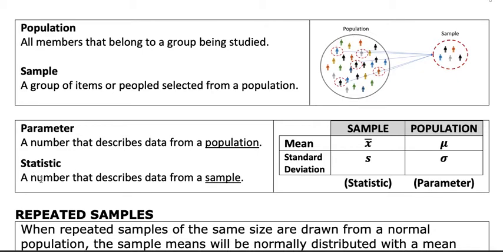A statistic is a number that describes data from a sample, so your selection from that group. The symbols used to denote this for a sample: the mean is x bar, and the standard deviation is s. These statistics help to approximate a parameter about the population.